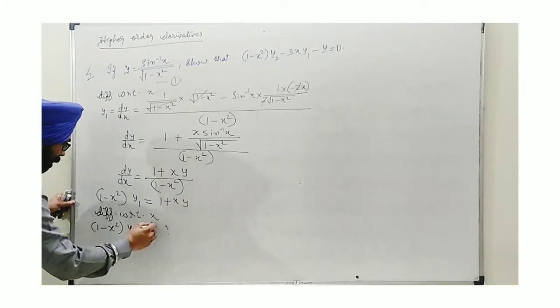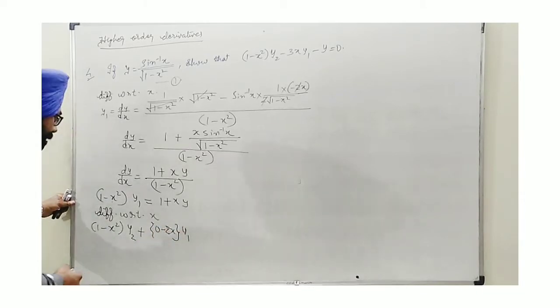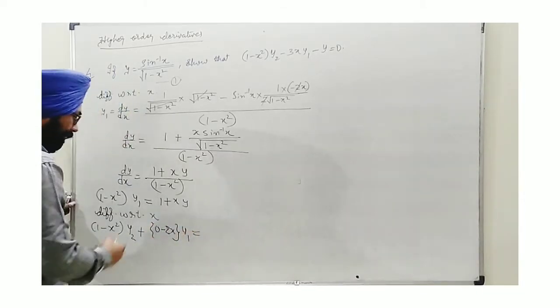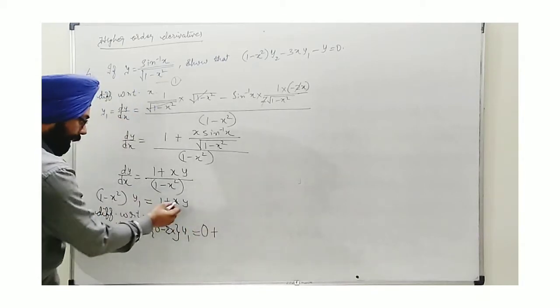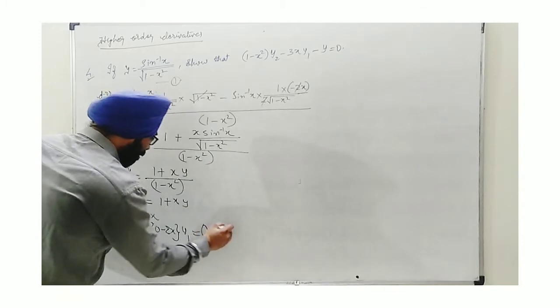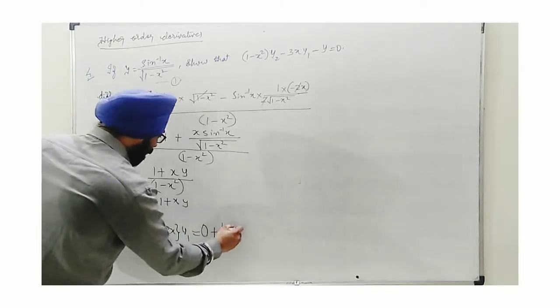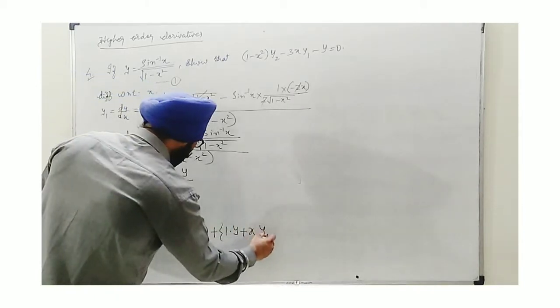So this will become 0 minus 2x, y1 remains as it is, equal to, right hand side also, first term when differentiated will turn 0. X into y, here product rule will be applied. So this will become x into differentiation of y, which is y1, plus y into differentiation of x, which is 1.